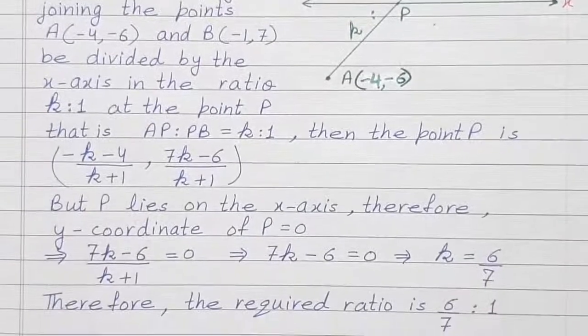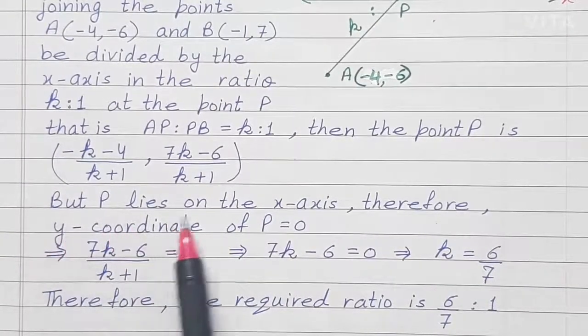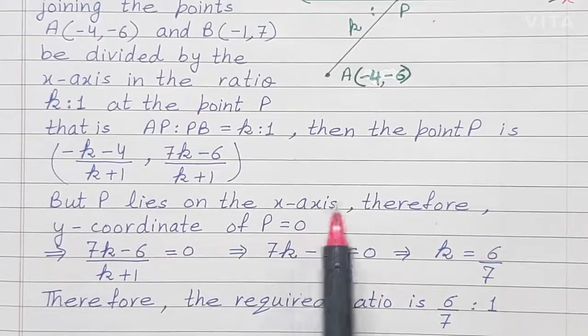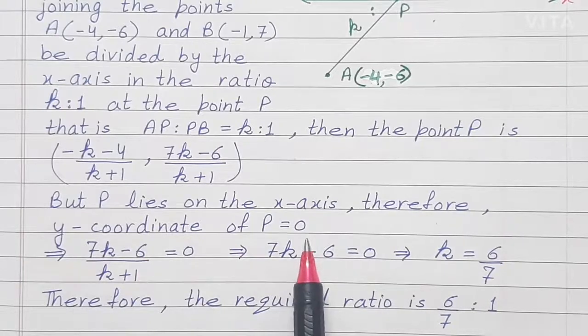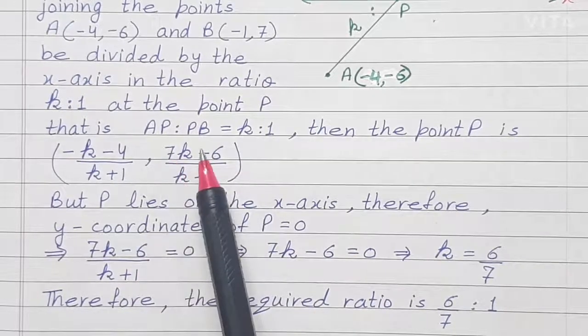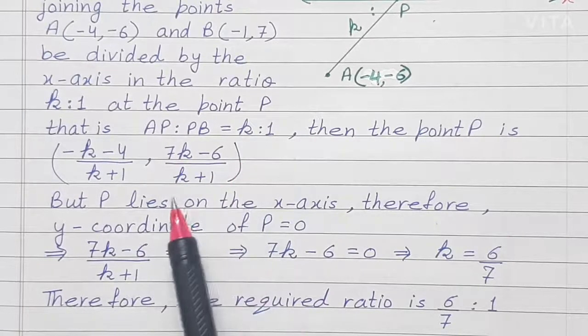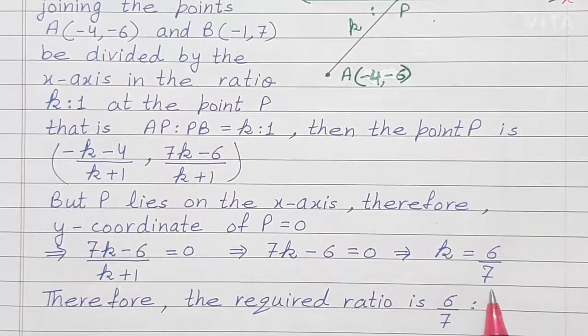Clear? Now students, since P lies on x-axis, therefore y coordinate of P is 0. Clear? Now the y coordinate is 7k minus 6 upon k plus 1, so that is equal to 0. Now by comparing it with 0, the value of k is 6 upon 7.